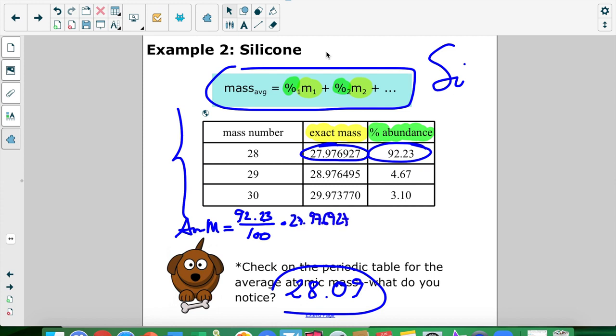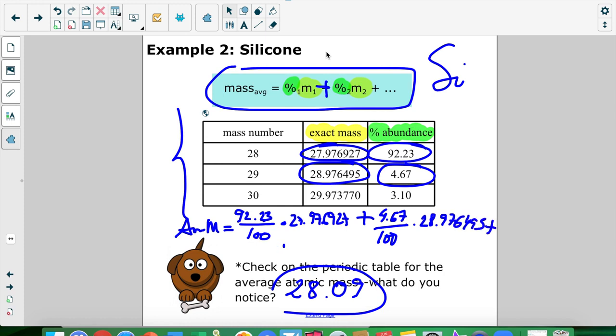27.976927, okay, plus, you see it over here, the abundance of the second isotope, okay? So 4.67 over 100, because it's a percentage, times the mass of that one isotope, the isotope 29 of the silicon. So times 28.976495.